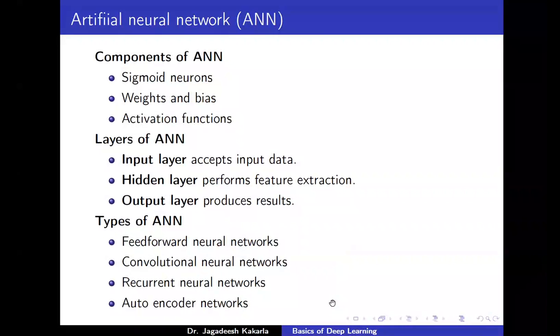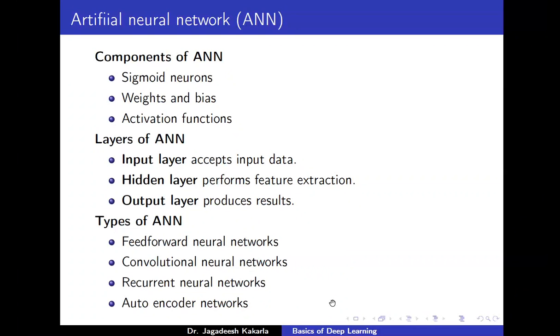Now let me discuss artificial neural networks. What are the components of artificial neural networks? One is the sigmoid neurons, weights and bias, and the activation functions. We have three types of layers: the input layer, hidden layer, and output layer.